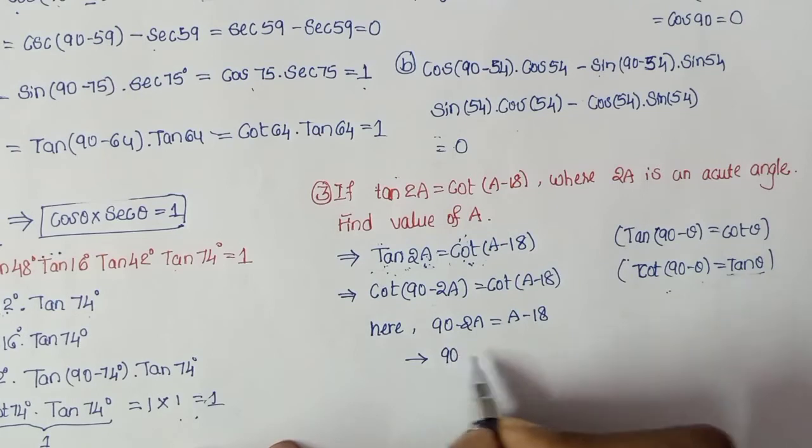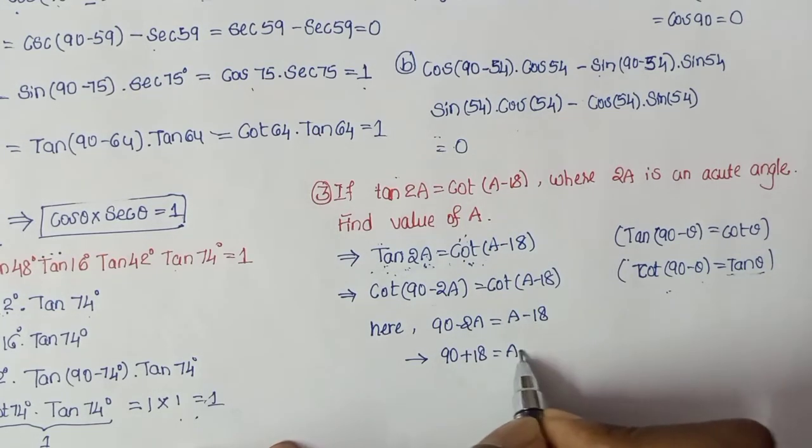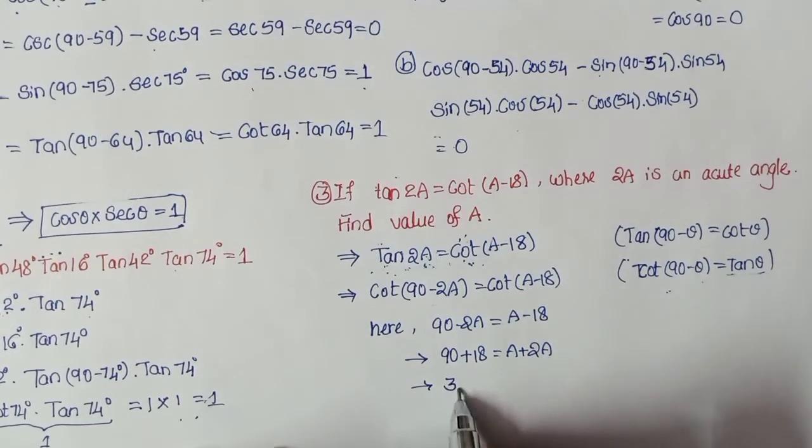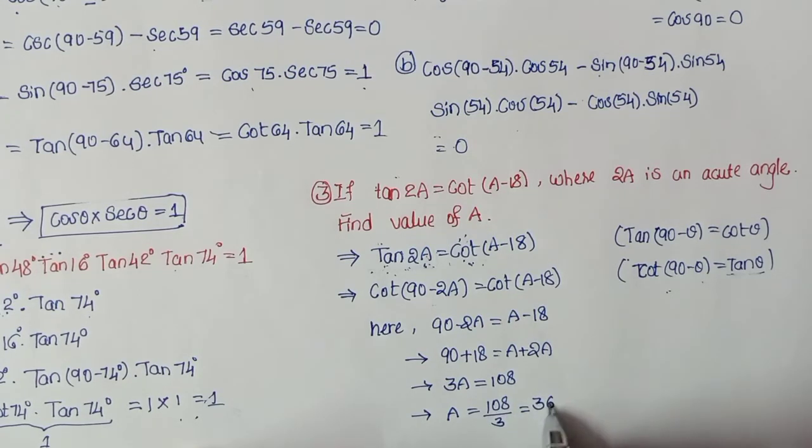So you will get 90 plus 18 is equal to a plus 2a. A plus 2a is 3a. 3a is equal to 108, so a is equal to 108 divided by 3, which is 36 degrees. This is the answer.